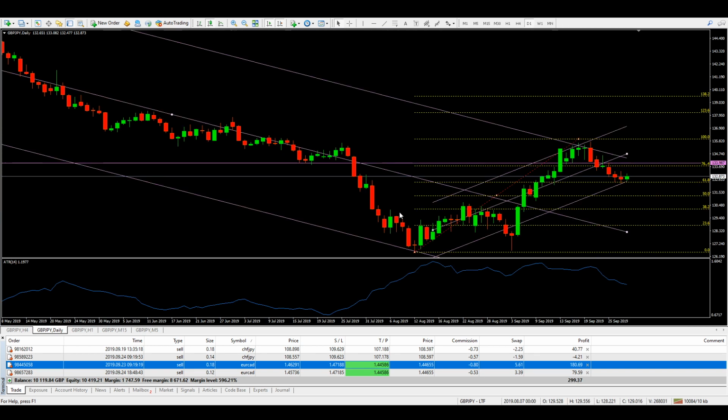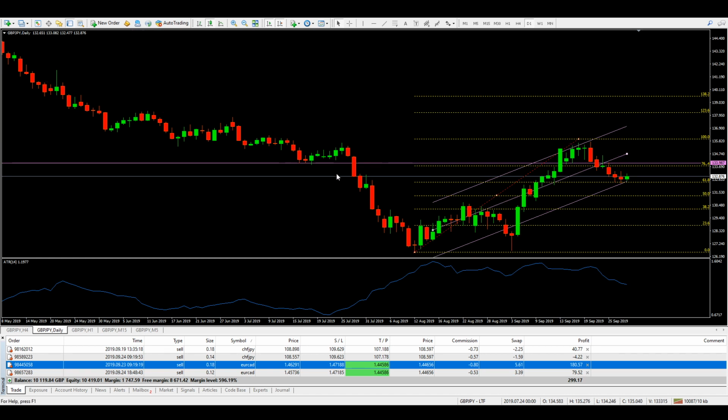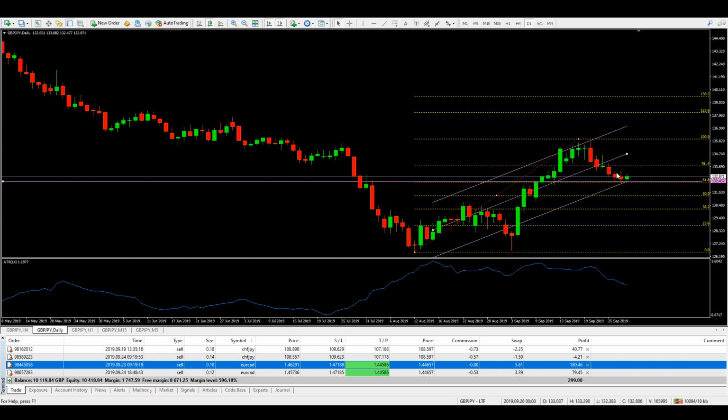But if we just clean this up a bit, take off this one here, this move here caught my eye because of the way this reversed off the standard deviation. There we go. You can see this candle here, there's these previous highs, these are soft levels of support or previous resistance that we were seeing.